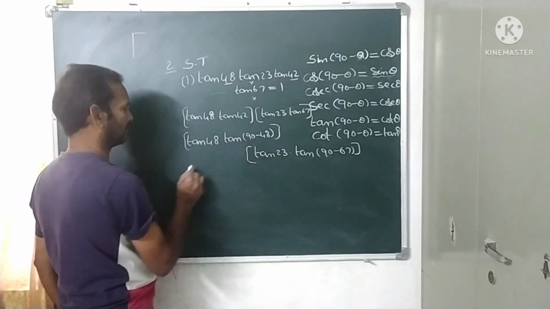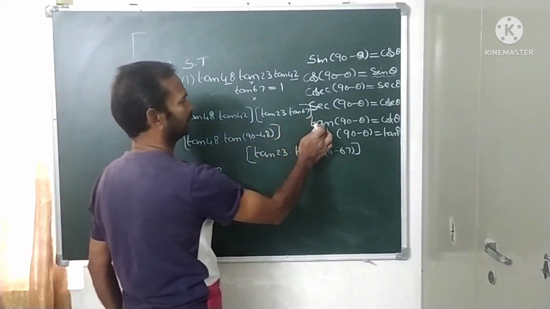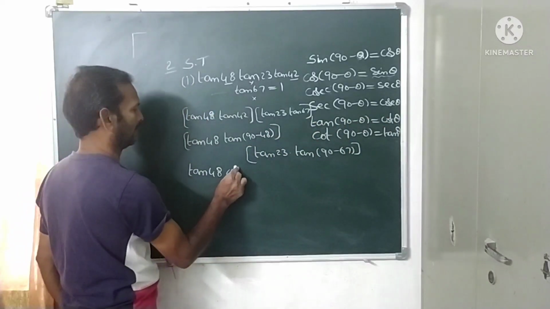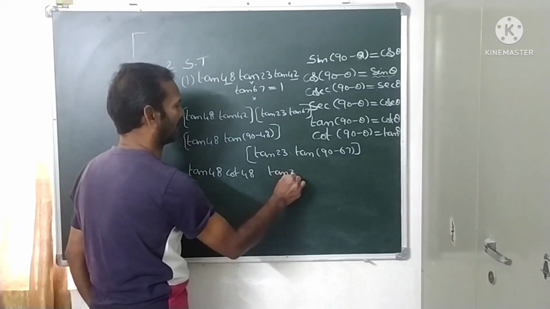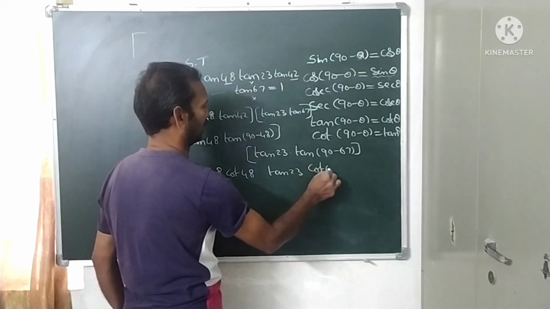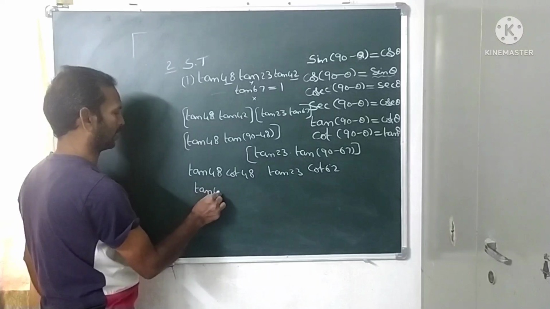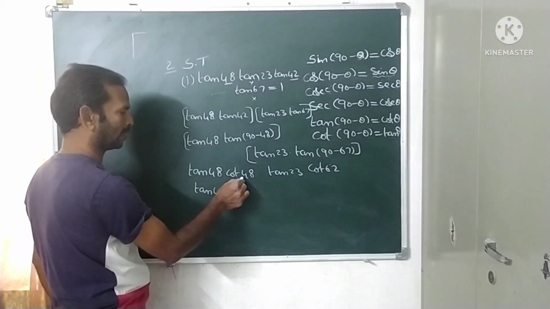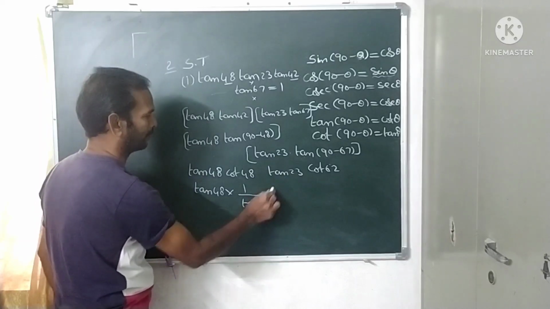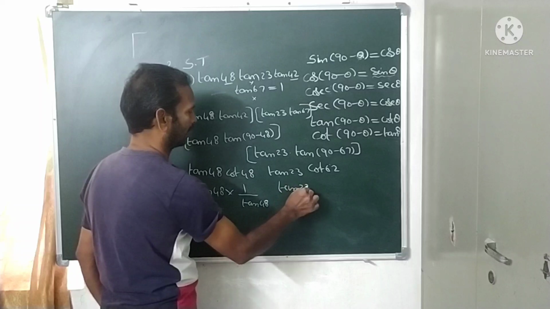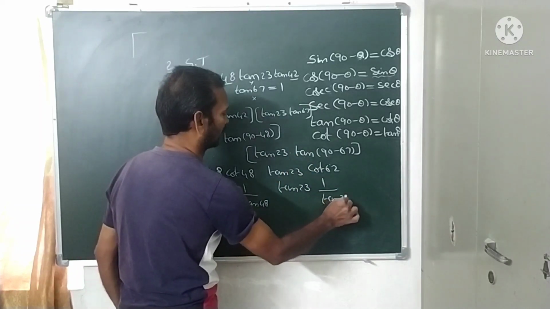Tan of 90 minus theta is cot theta, so tan 48 cot 48 and tan 23 cot 67, that is cot 67 becomes tan 23's partner. Cot is the reciprocal of tan, so 1 by tan 48, and 1 by tan 23.